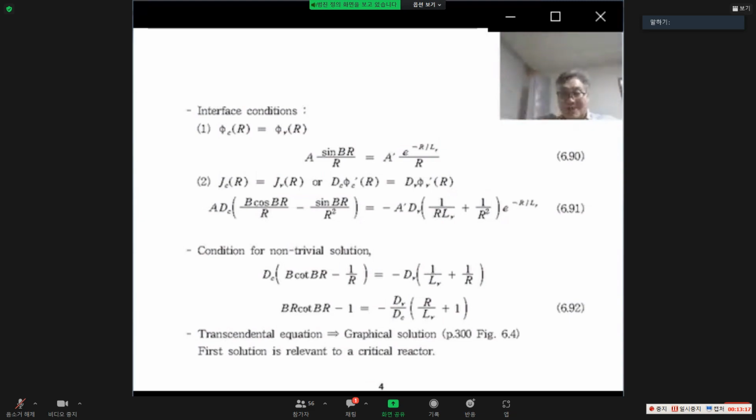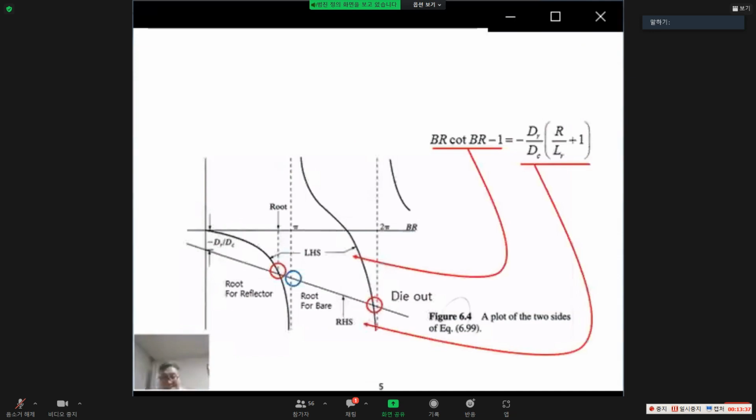So we separate the left hand side and right hand side, plot them on the same figure, and investigate where the left hand side and right hand side have the same value, like this.